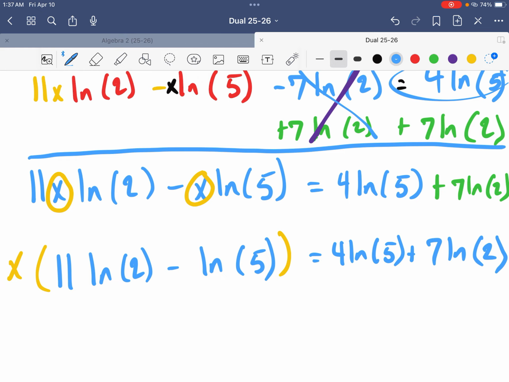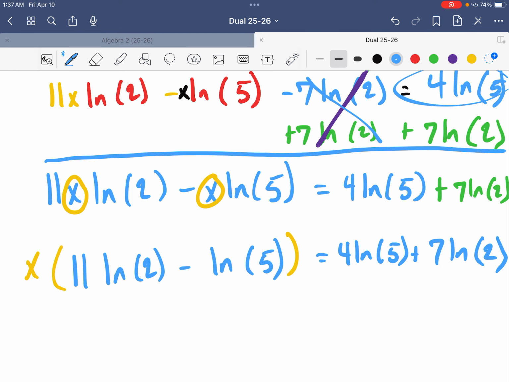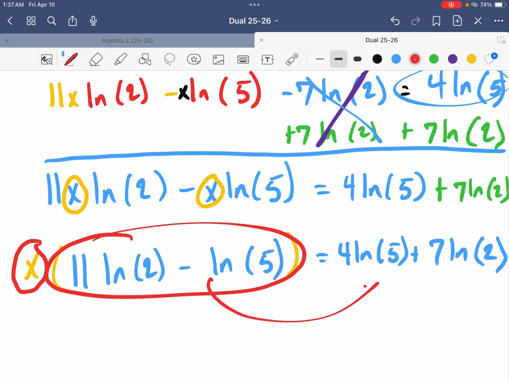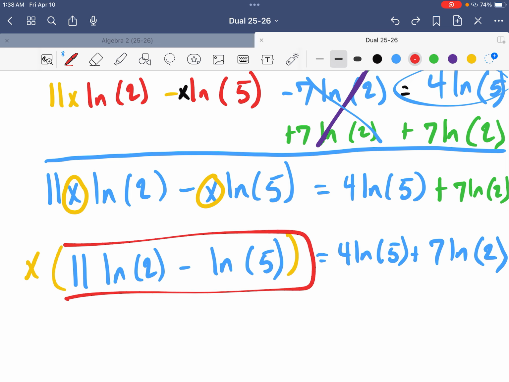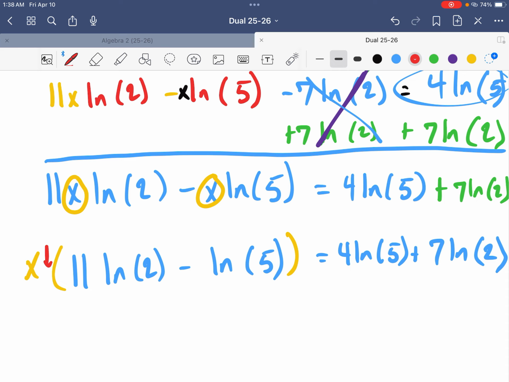There you go. And now finally, I have x by itself. If I can somehow move all of this to this side, I'll be done. So what's happening between the x and all of this? Right, there's a symbol going on right there. It's not plus, it's not minus. It's times, you're multiplying. How do you undo it? Division.